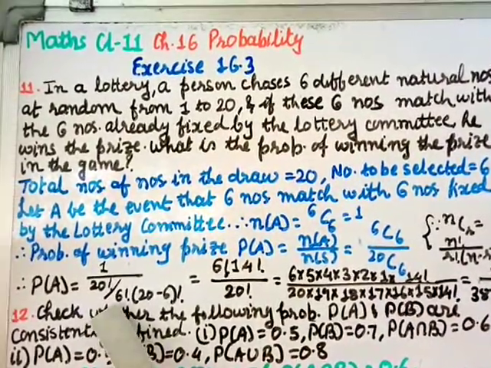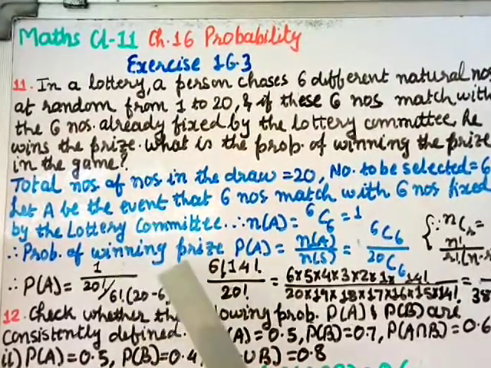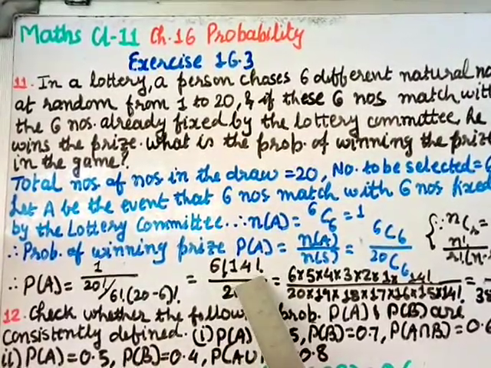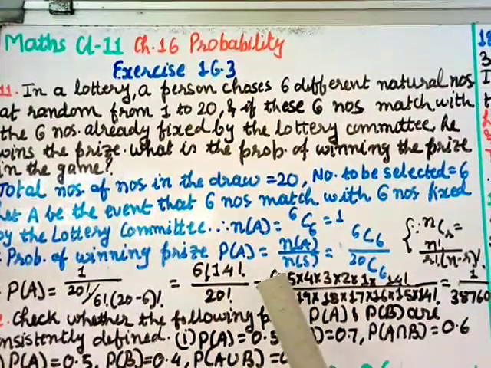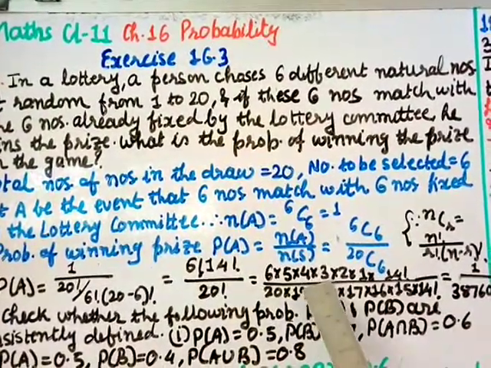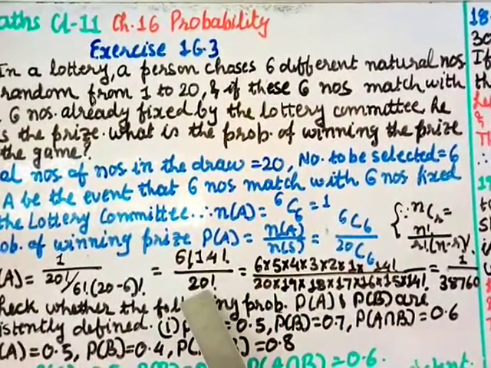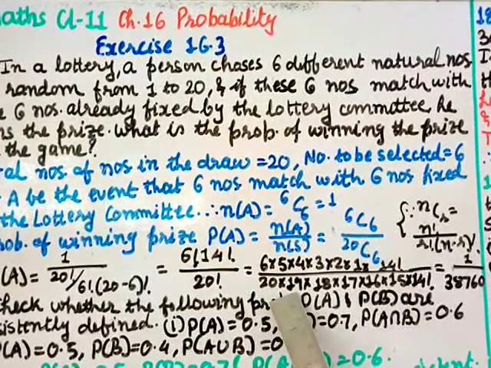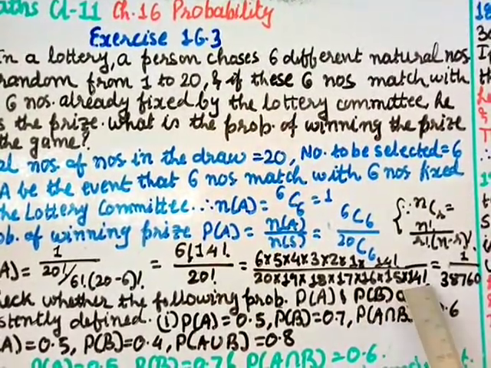This 6 factorial and this 20 minus 6, which is 14, we take in the numerator, so you get 6 factorial into 14 factorial divided by 20 factorial. 6 factorial can be written as 6 into 5 into 4 into 3 into 2 into 1, into 14 factorial as it is. This 20 factorial can be written as 20 into 19 into 18 into 17 into 16 into 15 into 14 factorial.